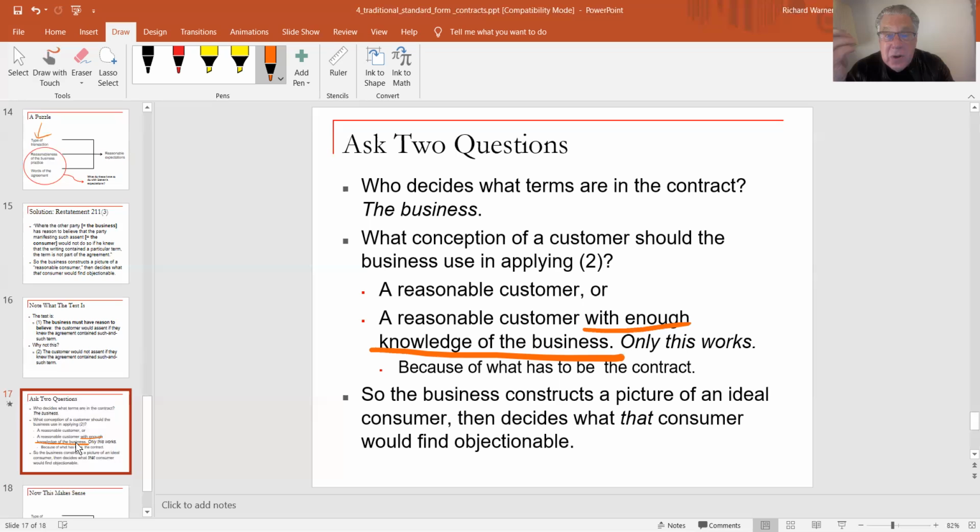Think about what's in those contracts that you read. Well, we're more familiar than most as lawyers, right? You put in a lot of legalese and a lot of complicated terms to adequately protect the business.